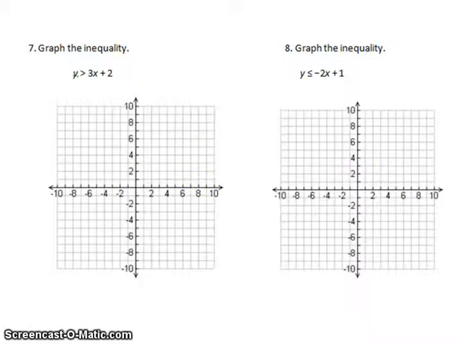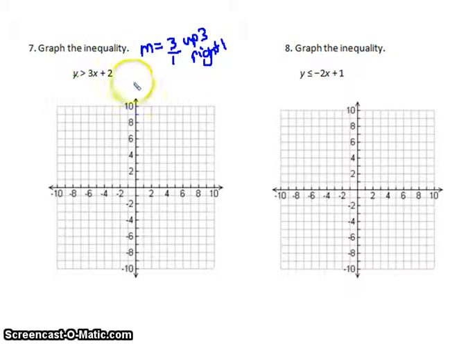Number 7, if we are graphing our two-variable inequality, first we have to find our points. My slope is going to be 3, and if we write that as a fraction, it is 3 over 1. That means we are going to go up 3 and right 1.